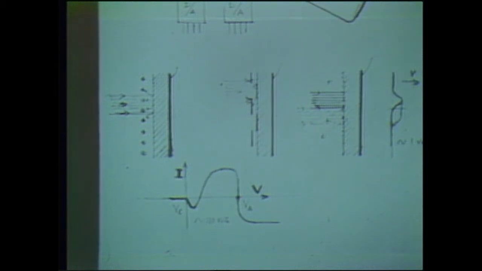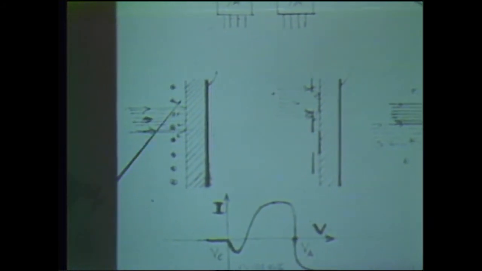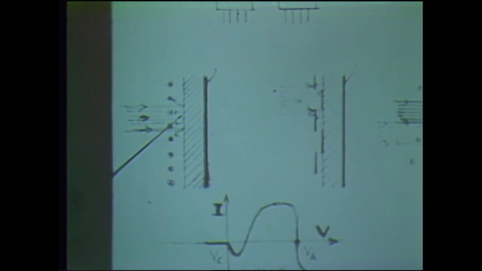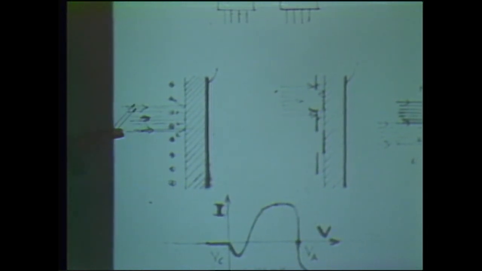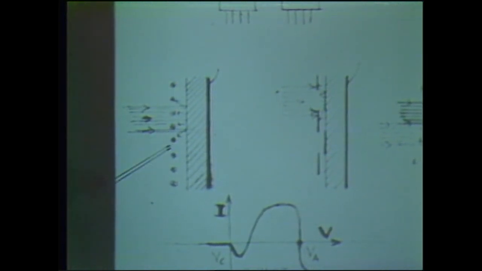Now you think it would go negative, because electrons are negative, and indeed it does if the original potential of the screen is not very high. However, if the potential is reasonably high and the electrons impinge at a fairly high velocity, then secondary electrons are produced, and in fact there may be more secondaries than primaries, and therefore the screen goes positive.